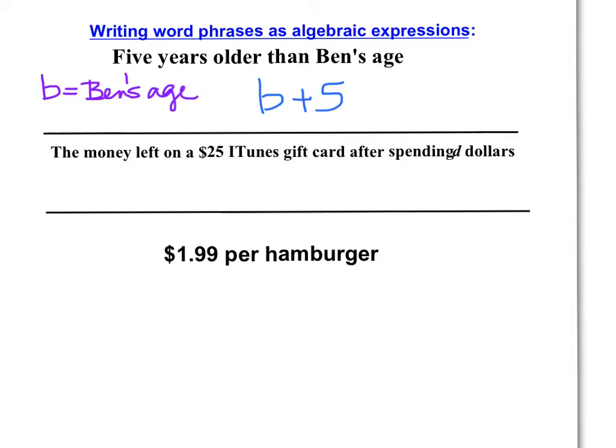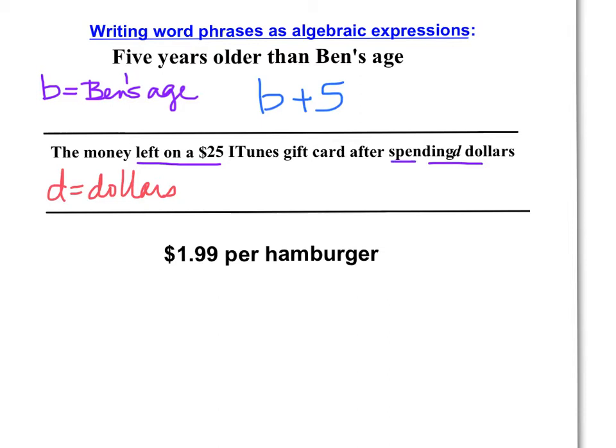Now our second one is the money left on a $25 iTunes gift card after spending D dollars. If you notice, they gave us the variable D equals dollars. Money left on an iTunes gift card after spending D dollars.